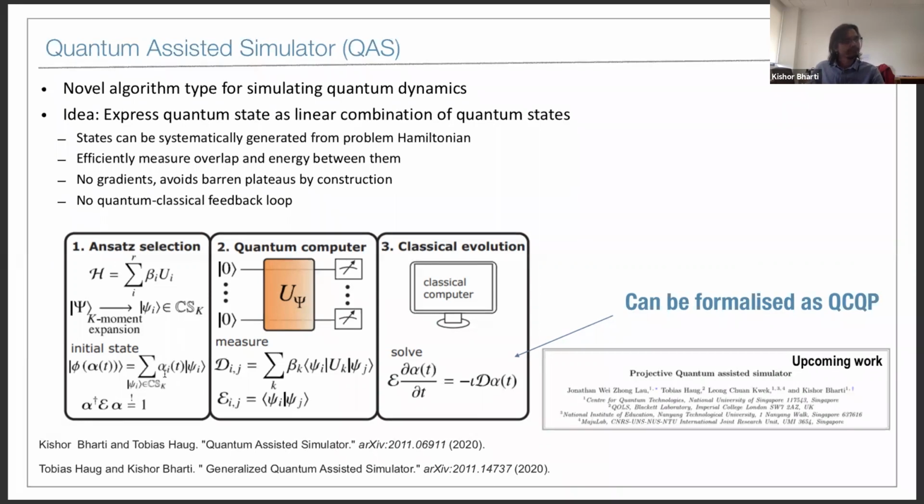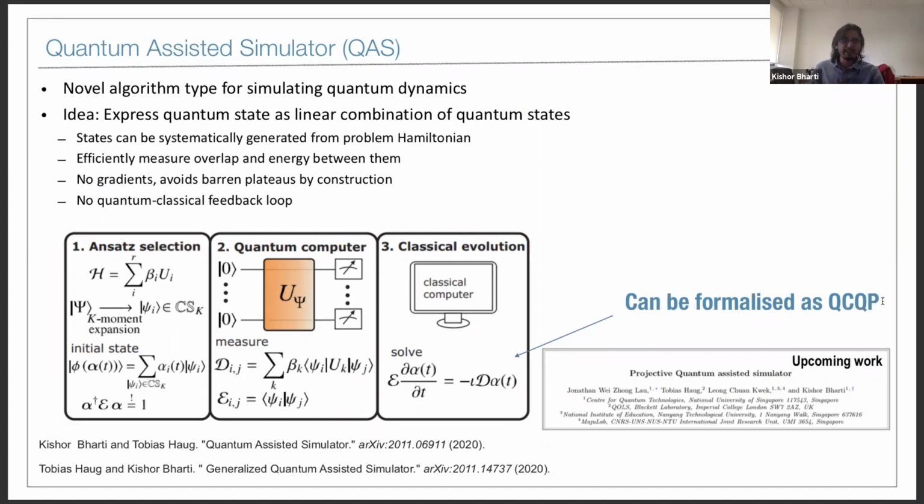Because you tune only the classical parameters, there is no barren plateau by construction, no classical-quantum feedback loop, and the ansatz can be systematically generated. In fact, recently we showed that this differential equation can be formalized as a QCQP.